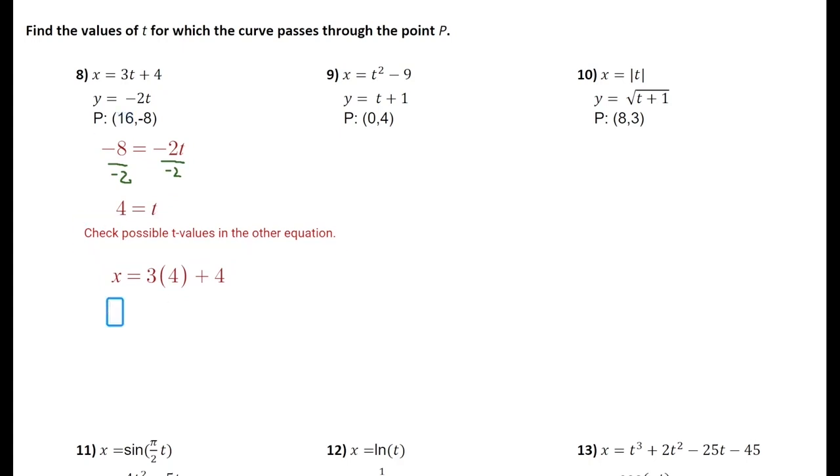Let's see if that is true. 3 times 4 is 12, right? 12 plus 4 is 16. That is what we want it to be. That checks out, so to speak, right? That is the same as the x that we are looking for. So that means our solution here is going to be t equals 4.